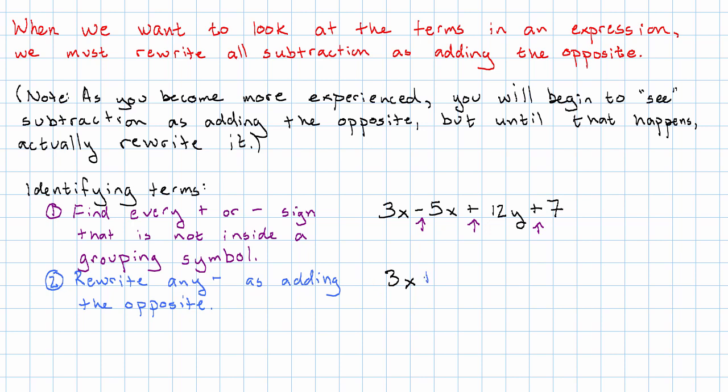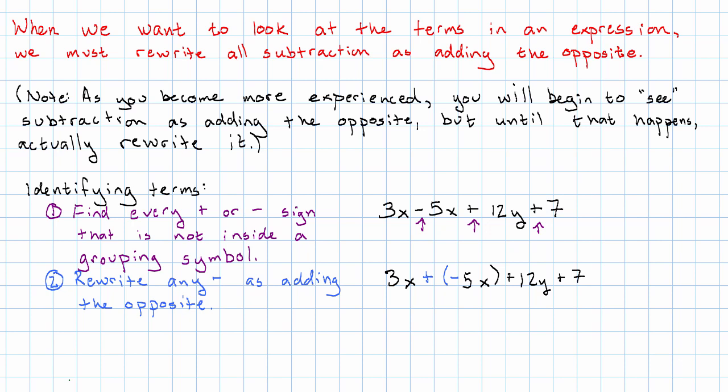So I'm going to say that's plus the opposite of 5x. And then I have 12y plus 7. Notice I only had one instance of subtraction here, so I only needed to rewrite once.